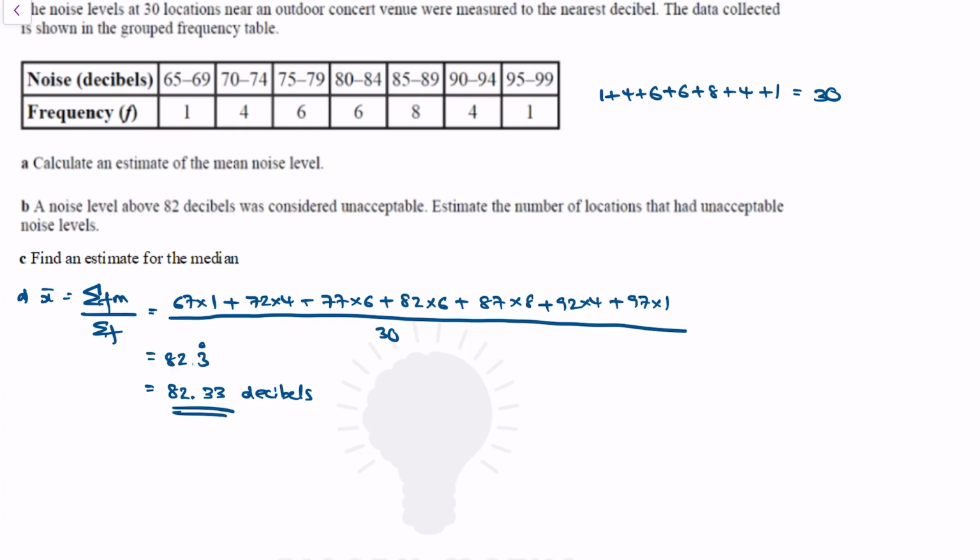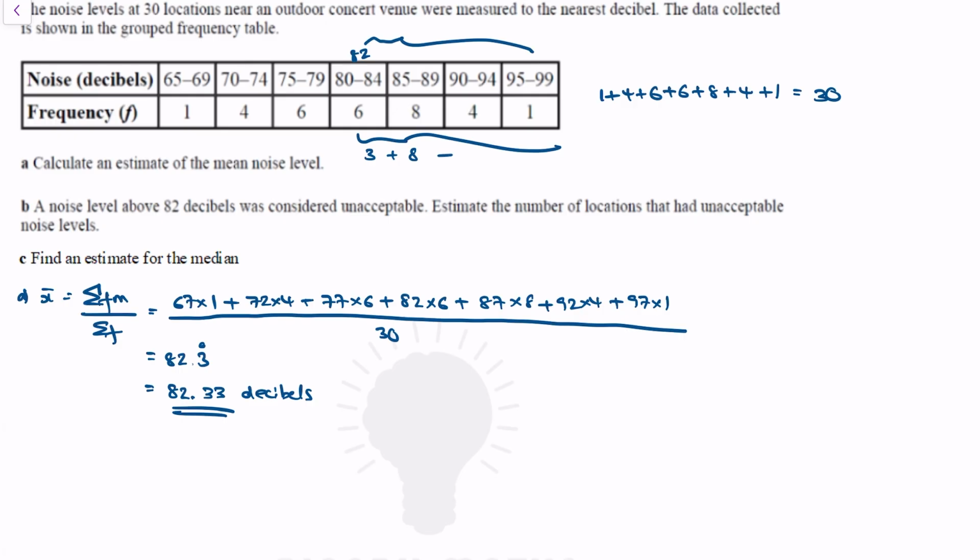A noise level above 82 decibels was considered unacceptable. Estimate the number of locations that had unacceptable noise levels. 82 is in the middle of this class interval, so we're going from 82 onwards, more than 82. That means we're doing 3 plus 8 plus 4 plus 1, because 82 is in the middle of this interval, which means half of 6 is included.